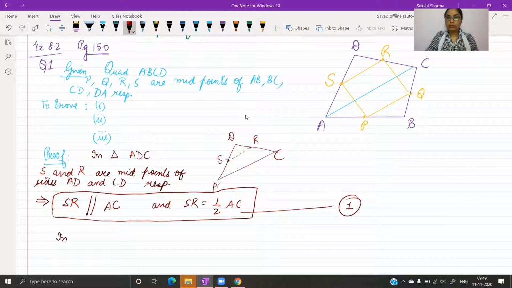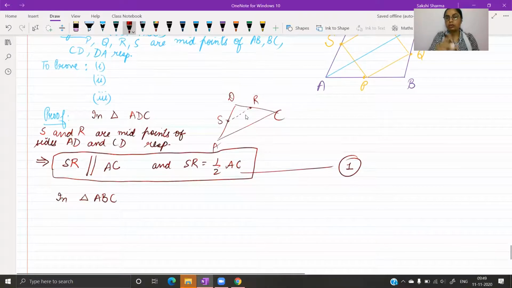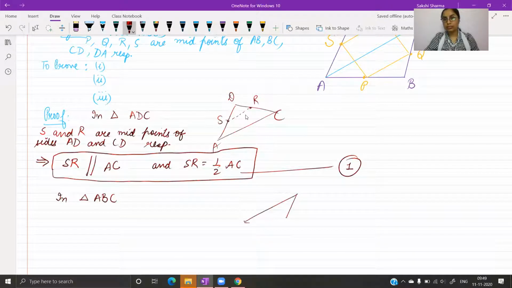Then I'm moving to the second triangle formed by the diagonal AC, in triangle ABC. Kindly remember to always write down the triangle in which you are using a particular theorem. So I'm going to now take triangle ABC.